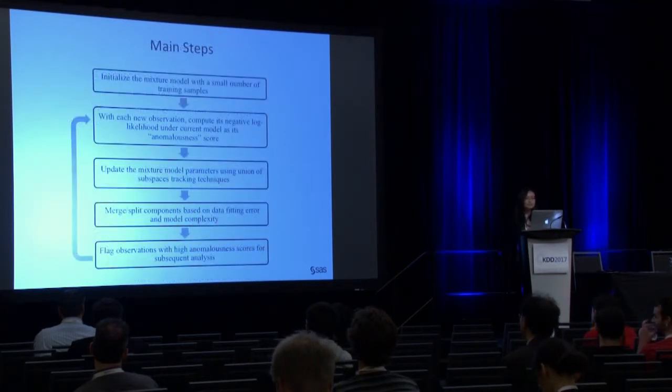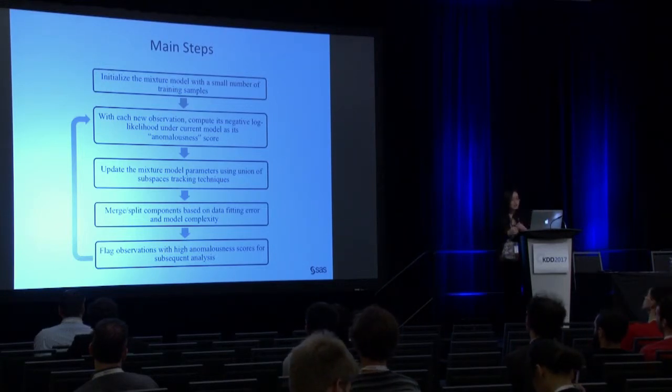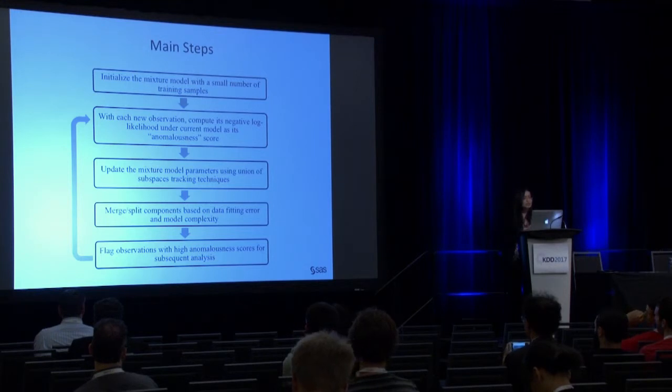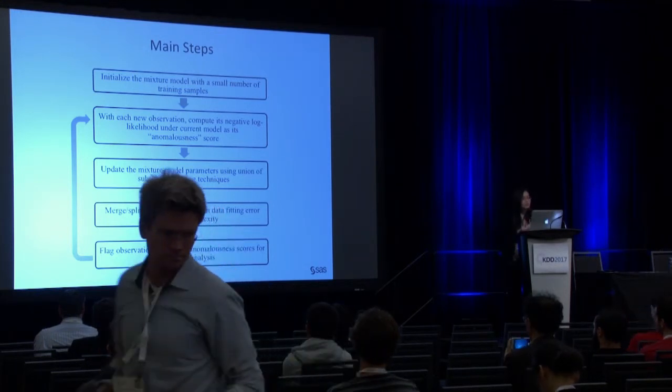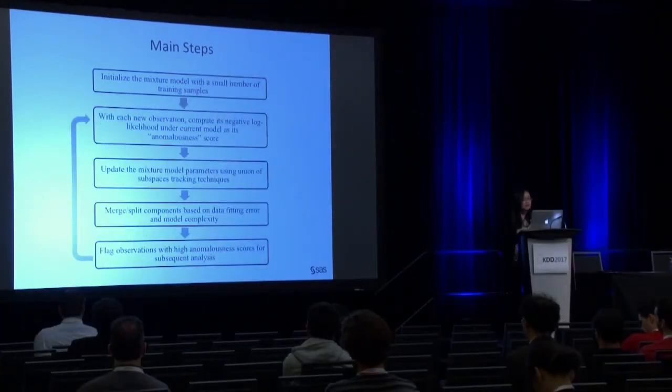The main steps, to keep it short: basically, we initialize the mixture model with a small number of training samples. Then with each new frame arriving, with each new observation, we compute its negative log likelihood under the current Gaussian mixture model as its anomalousness score. And we update the mixture model parameters using union of subspaces tracking techniques.